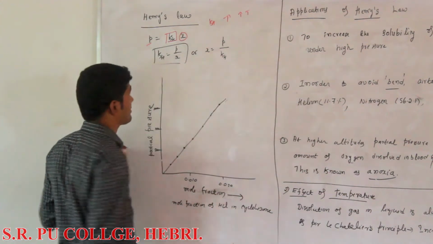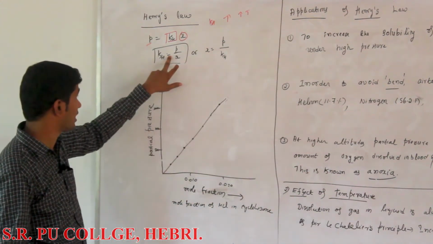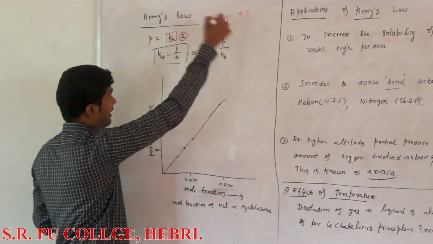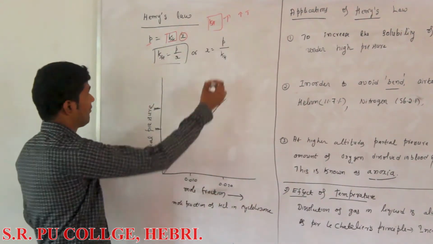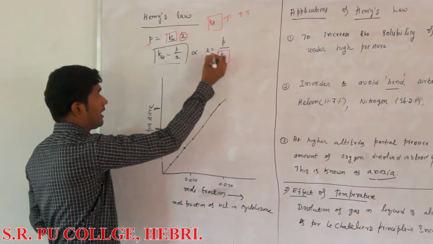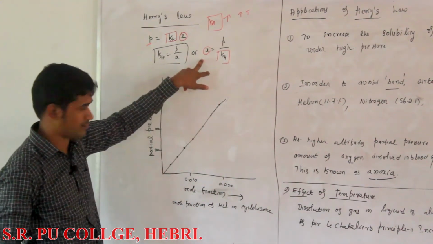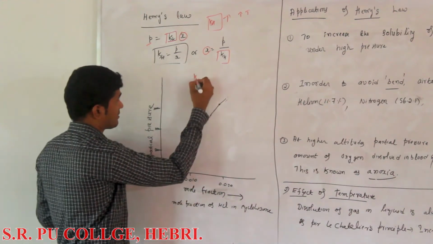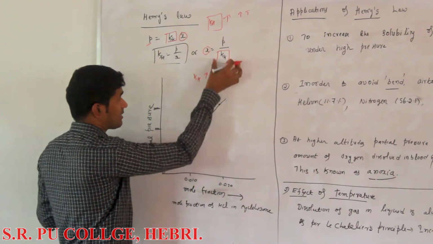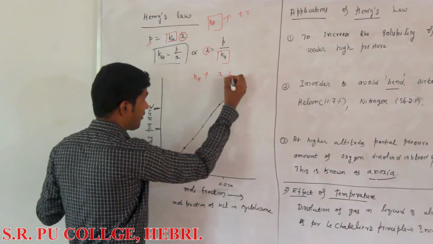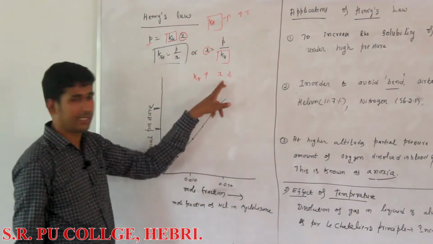As temperature increases, the value of Henry's law constant also increases, and it's a measure of solubility of gas in the liquid. As the value of kH increases, the mole fraction of gas, that is solubility, decreases. As kH increases, as the denominator increases, X, the solubility of gas in the liquid, decreases.